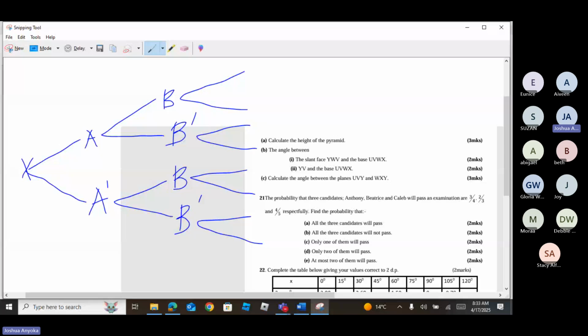Caleb can also pass or fail. So these are independent events, not interfered with by the outcome of the previous candidate.